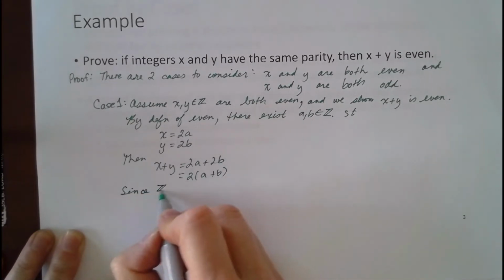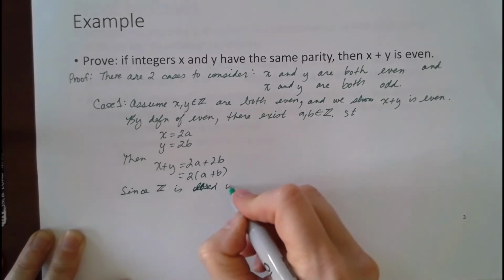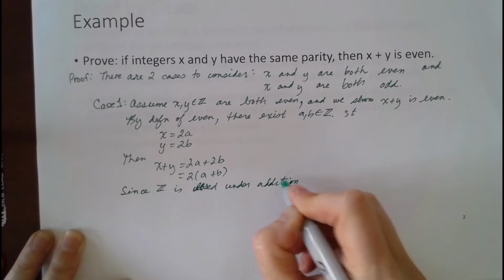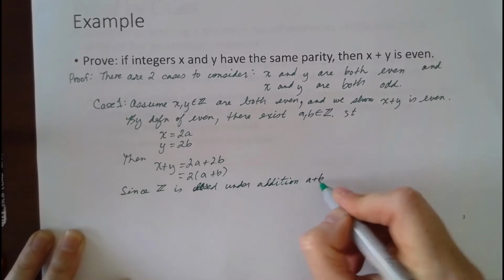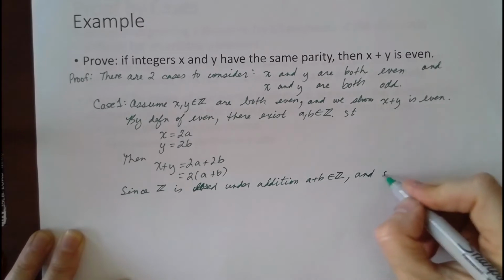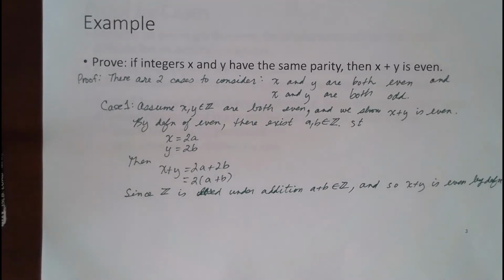Since the set of integers is closed under addition, a plus b is an integer, and so x plus y is even by definition. Trying to be concise so I don't run out of room.